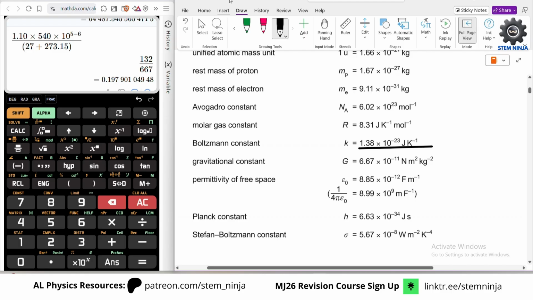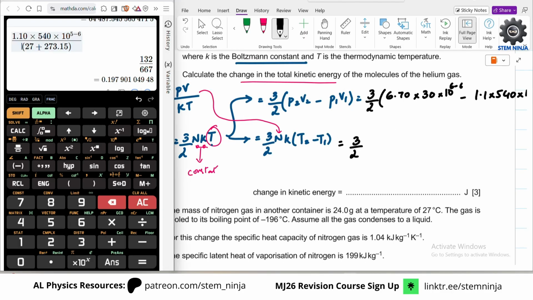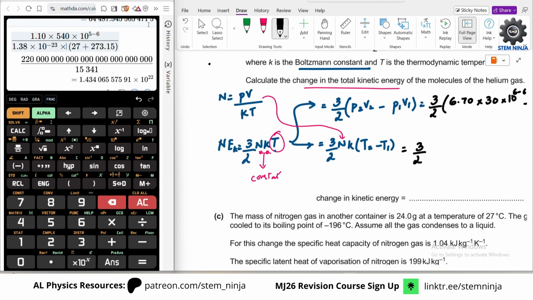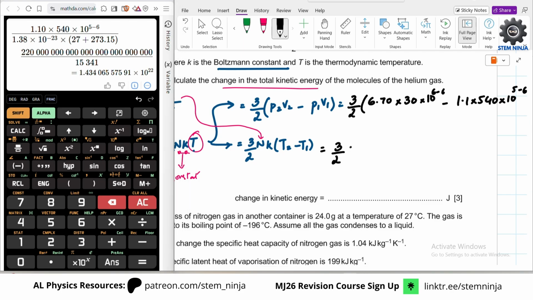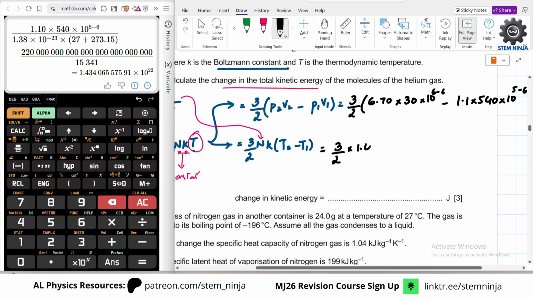So going back, PV for one of these situations will get us N. As you can see, this is our N. So N is 1.4 times 10 to the power 22.